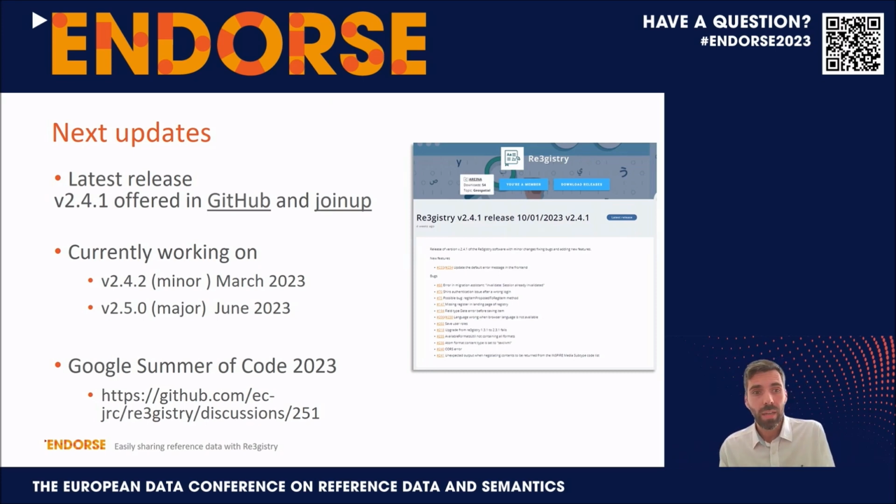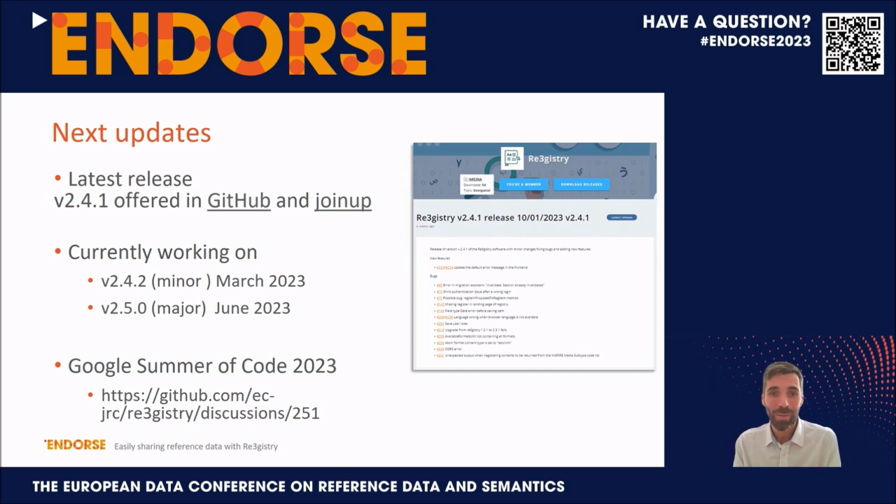In addition, I would like to use this occasion to share with you that registry software is an OSGeo project, and the project has been included for the Google Summer of Code 2023. So at this very moment, we are calling for contributors.